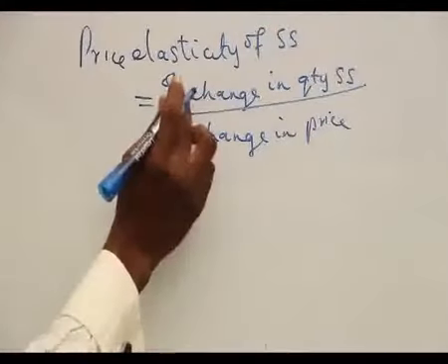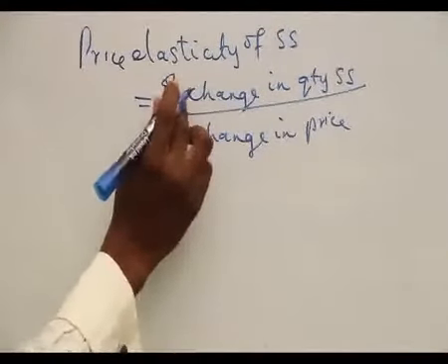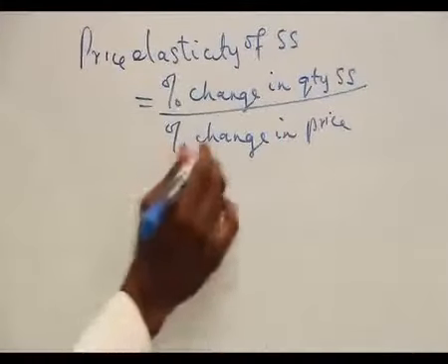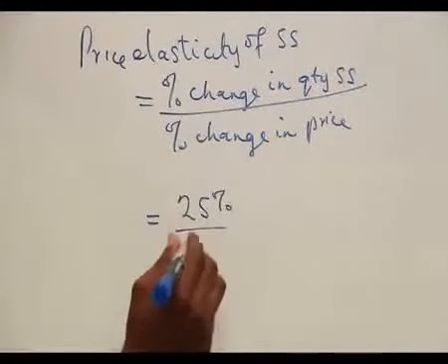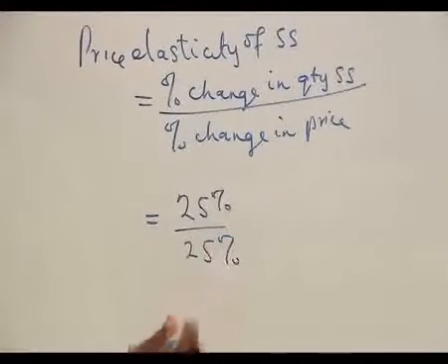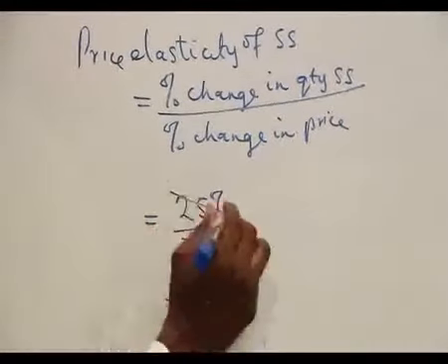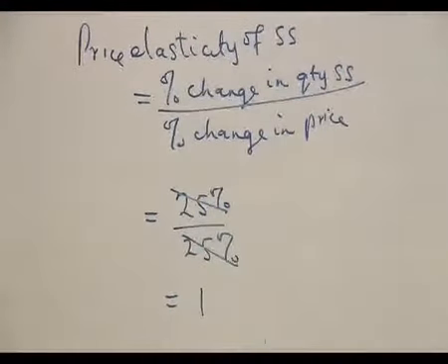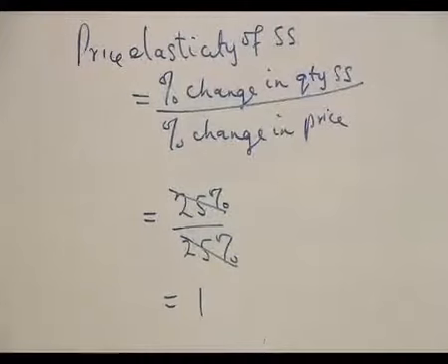Our percentage change in quantity supplied is 25%, while percentage change in price is also 25%. And at the end, we have 1 as the answer. So the price elasticity of supply is 1.